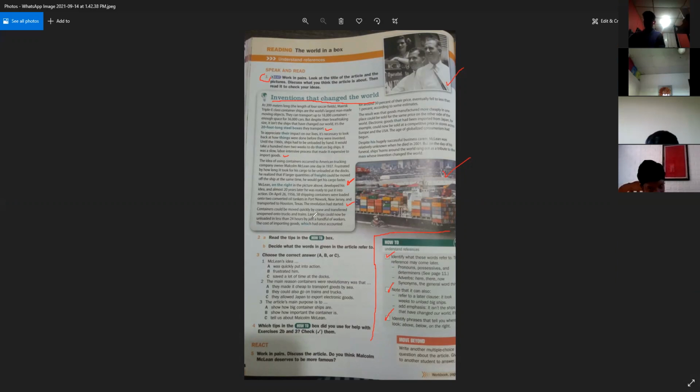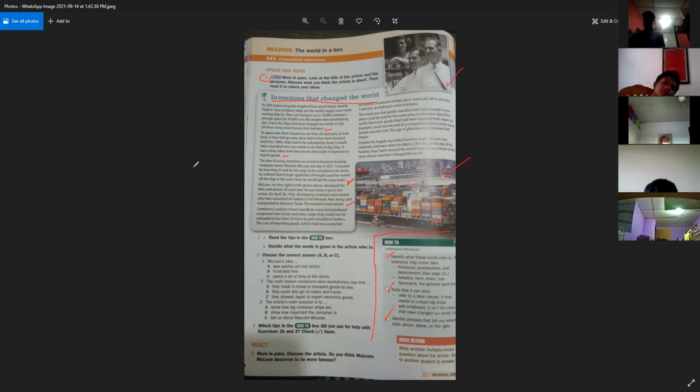Okay, Daniel, the other part, McLean, you went to the part below, we're on the paragraph above. McLean on the right in the picture developed this idea, and almost 20 years later, he was ready to put in April.